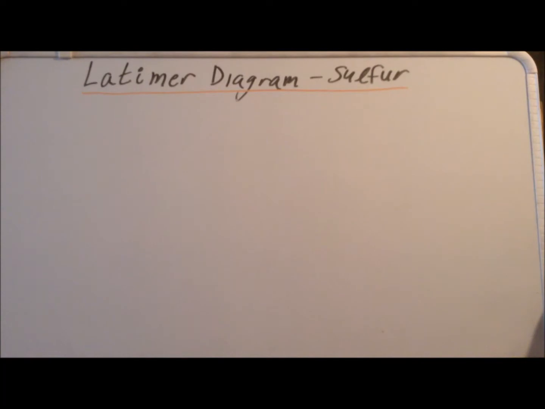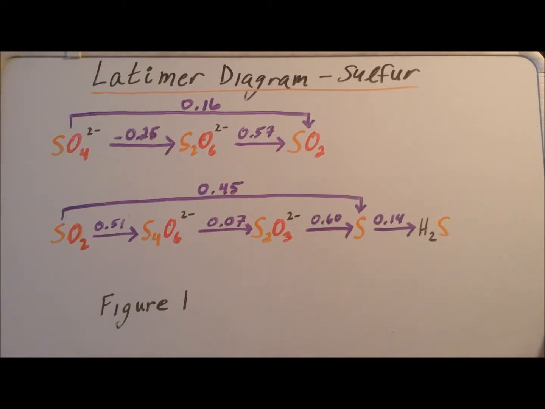Hello. In this video, we are going to discuss Latimer diagrams, specifically the Latimer diagram for sulfur. In a Latimer diagram, as we travel to the right, each of these individual steps refers to a reduction.